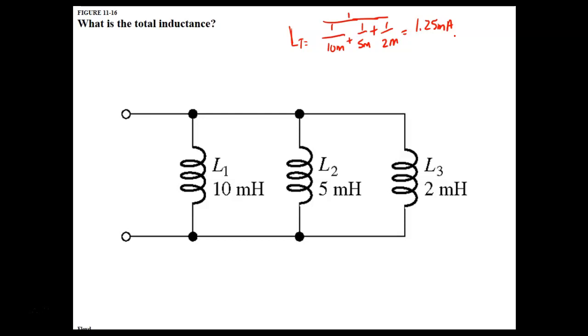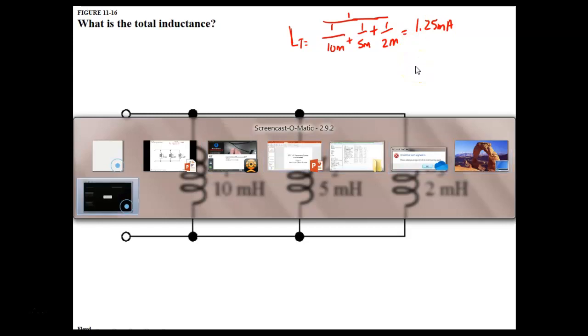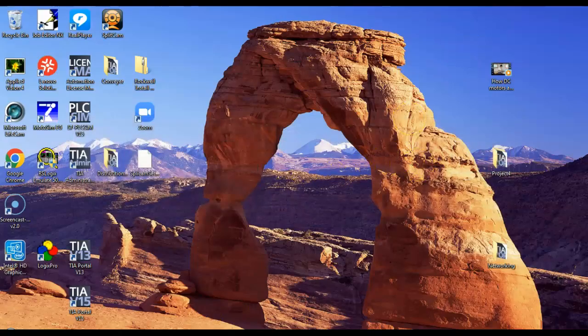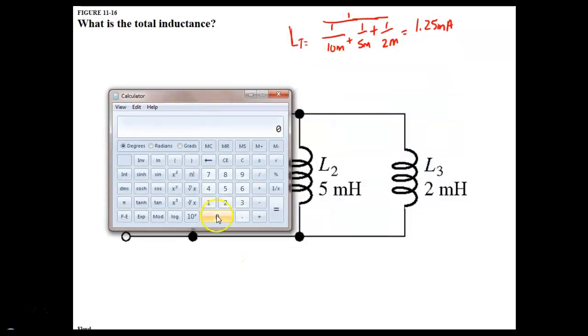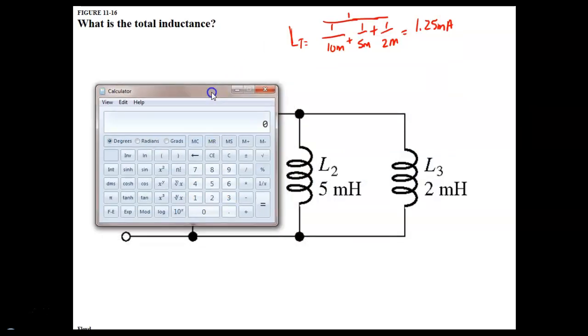Now the biggest problem is people don't hit the equal key when they enter the formula. I've seen this so many times. Your calculator might be different, but on a standard calculator, I know all of them are in milli, so my answer will be in milli.